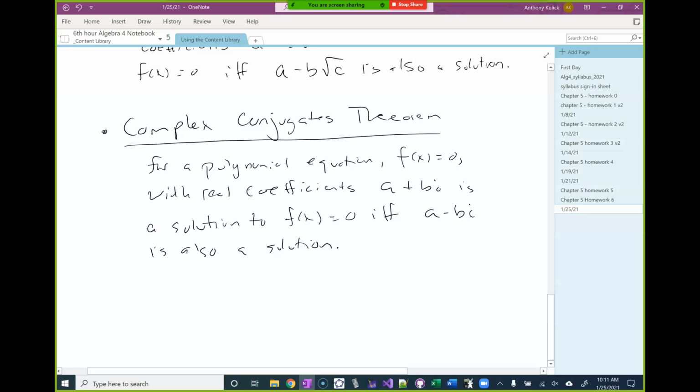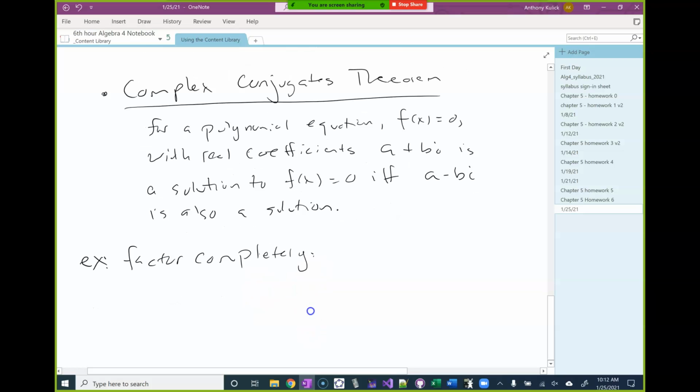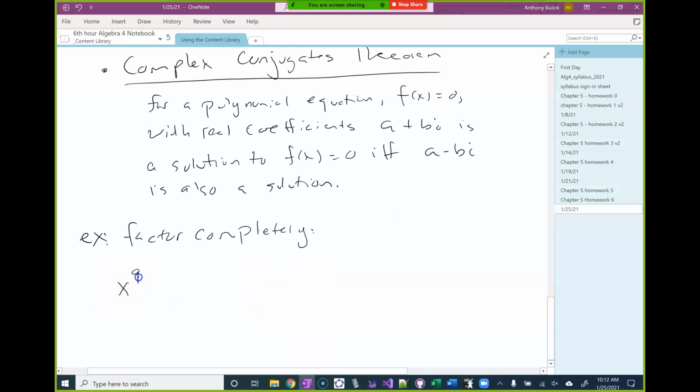So let's say we wanted to factor this following polynomial. Now it's going to be a doozy because I'm going to give you something with stuff going on so you can kind of illustrate what we're seeing here.